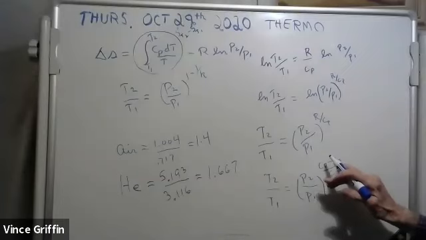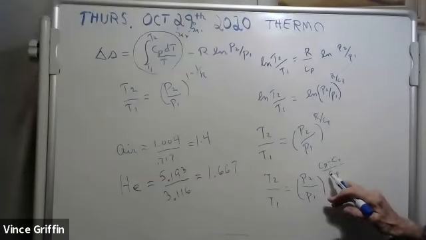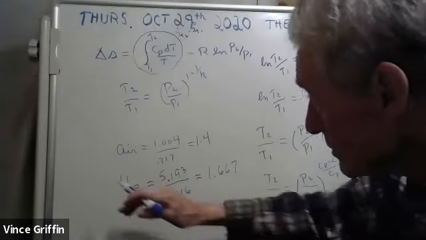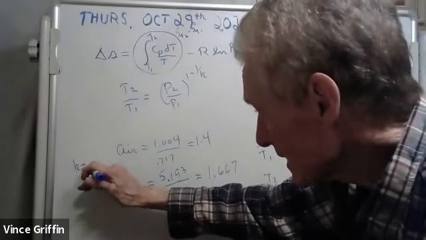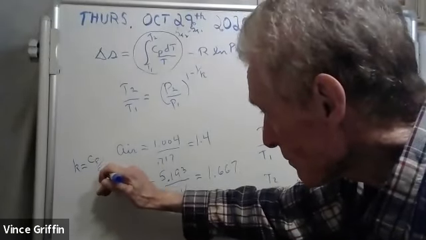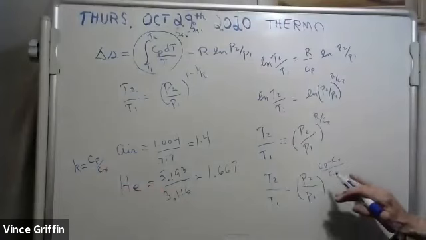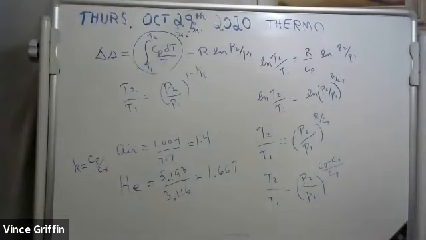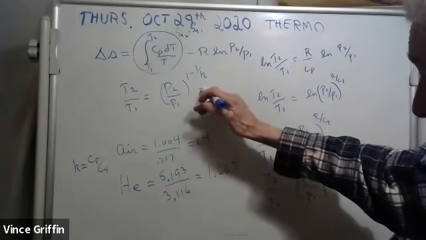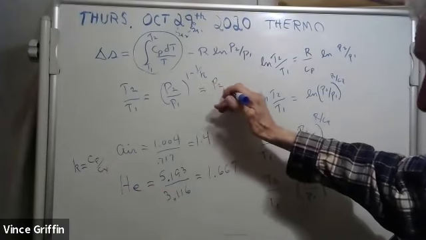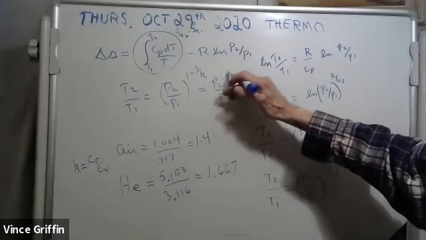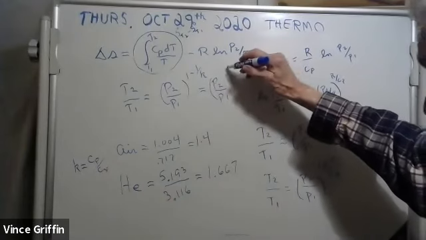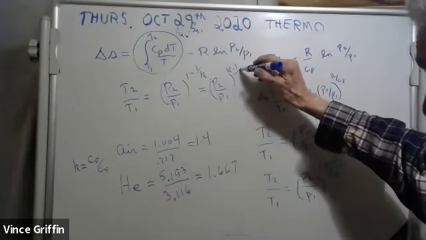Because it'd be a 1 minus C sub V over C sub P. Well, that's 1 over K. Because see, K is C sub P over C sub V, and what that is is C sub V over C sub P. Or you could write this as P2 over P1 to the K minus 1 over K.